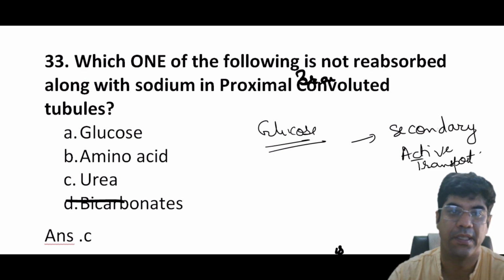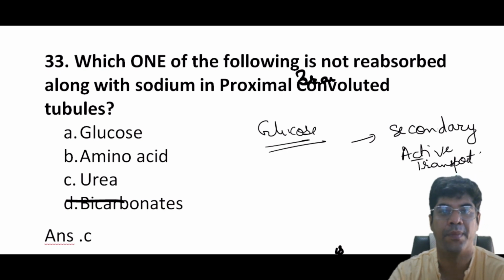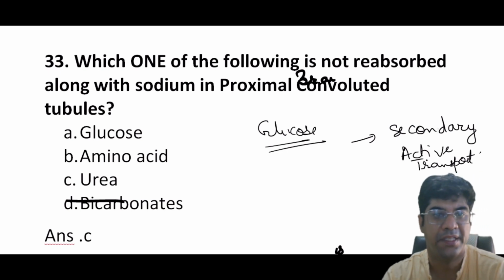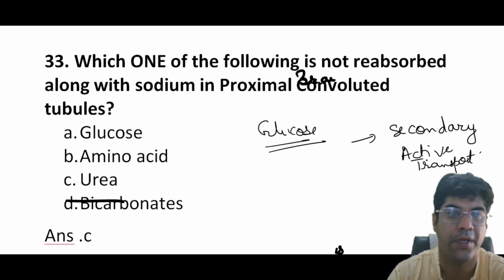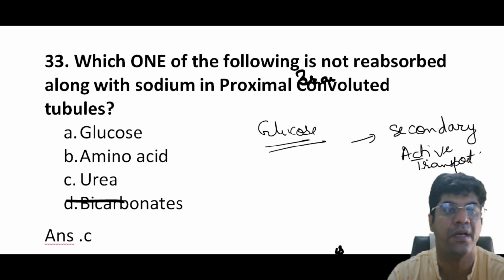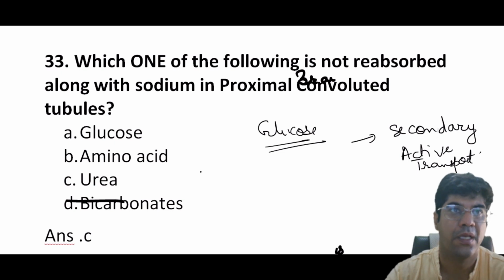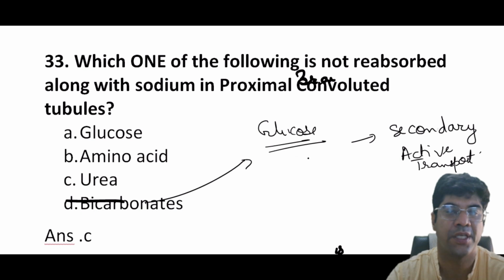Amino acids are reabsorbed by sodium amino acid co-transport. Similar to glucose, sodium and amino acids are reabsorbed together using the secondary active transport mechanism. The bicarbonates are reabsorbed indirectly through the action of carbonic anhydrase.